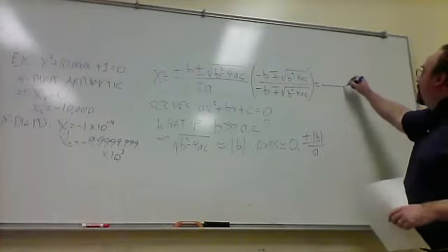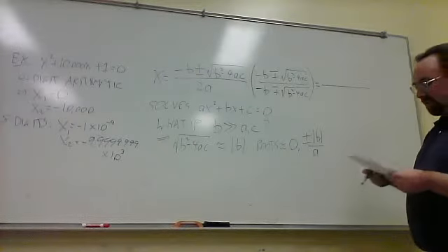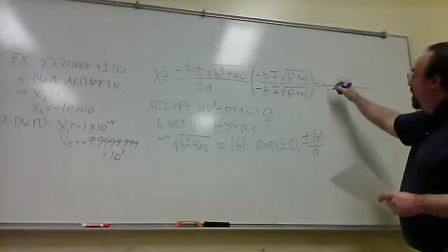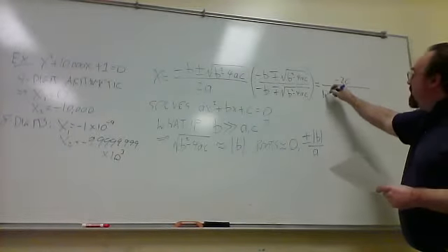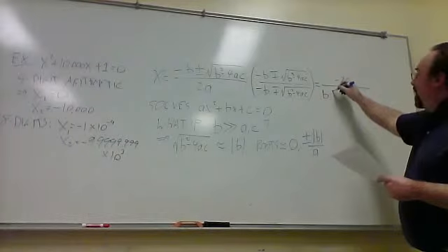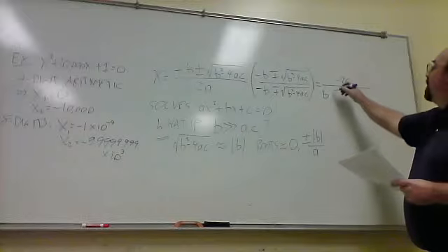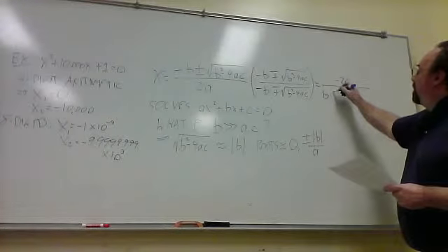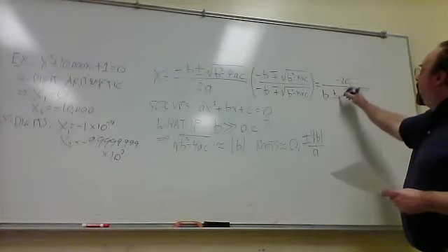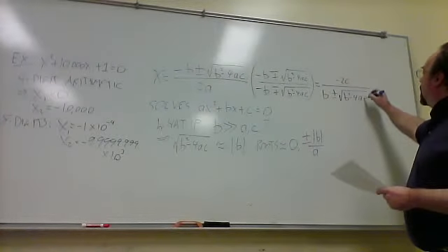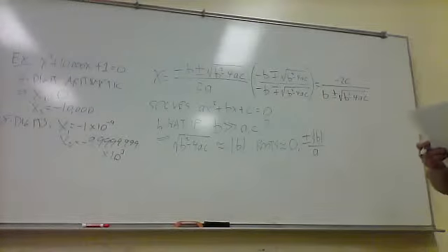Okay. So the other quadratic formula turns out to be minus 2c over b, plus or minus.